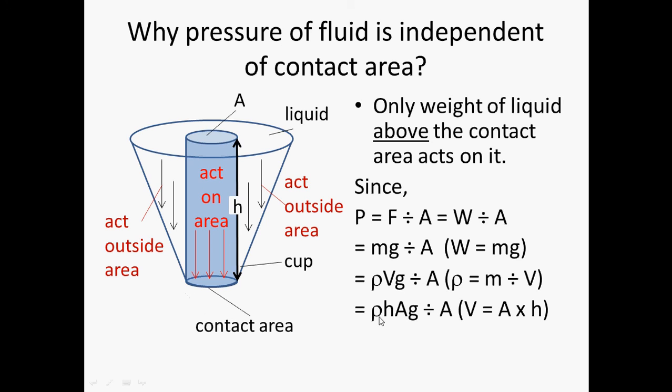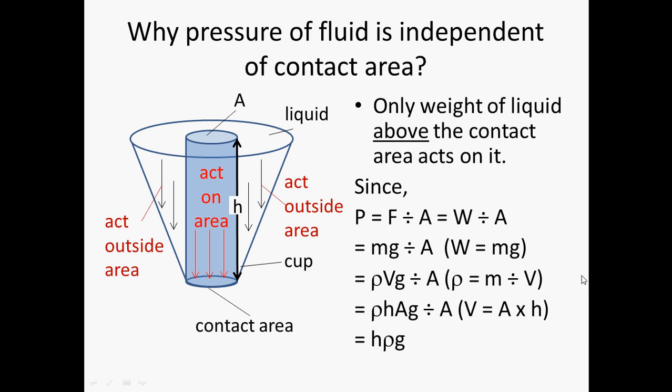So you get density multiplied by the height multiplied by the area multiplied by the gravitational field strength, divided by area, and you realize that this area and this area cancel out, because they are the same. That's why liquid and gas pressure is independent of the contact area, because the area will eventually cancel off from each other. So what you get is just h rho g. Okay, so that's how the formula is derived.